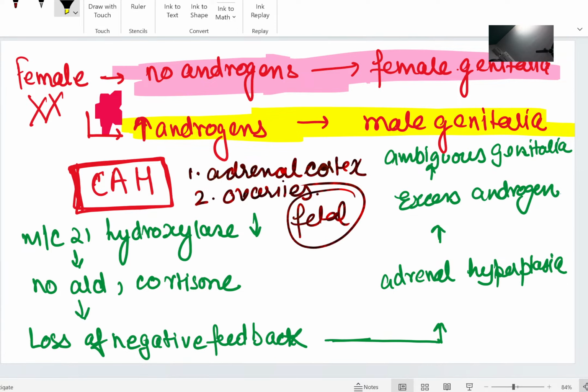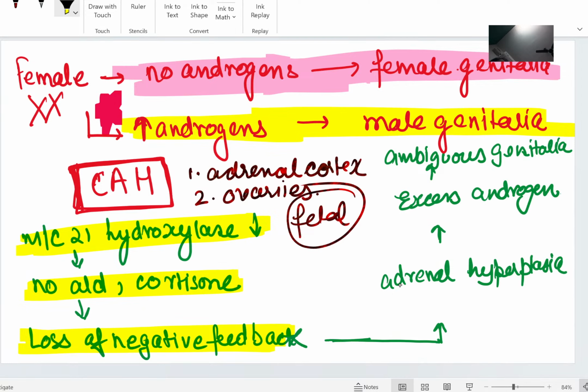So let us summarize it. Whenever there is 21-hydroxylase deficiency, there is no formation of aldosterone and cortisol. Due to that, there is loss of negative feedback to the ACTH.